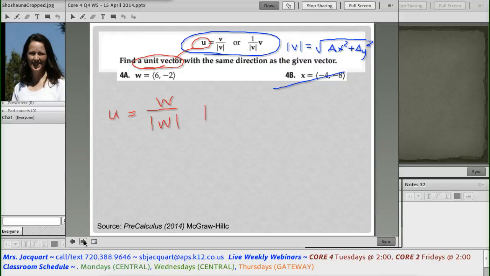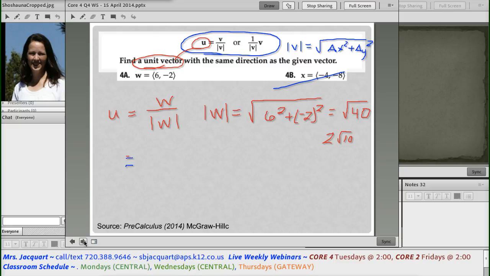So let's find the magnitude of w. Square root 6 squared plus negative 2 squared equals square root 36 plus 4, equals square root 40, which is 4 square root 10. Not 4, it's 2. It's 4 times 10. 2 square root 10.